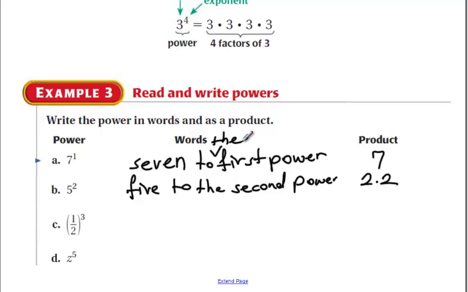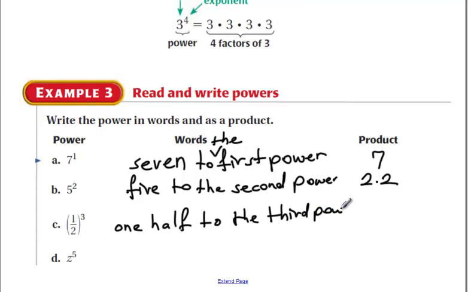The third one is 1 over 2, so we write 1/2 to the third power. To the third means we have to multiply 1 over 2 by itself 3 times.